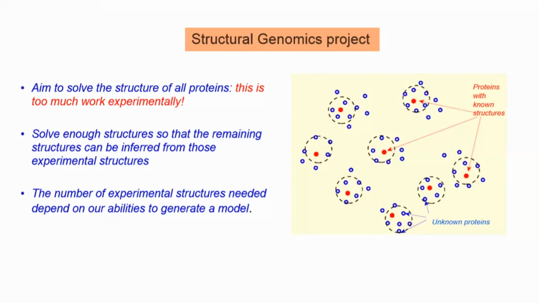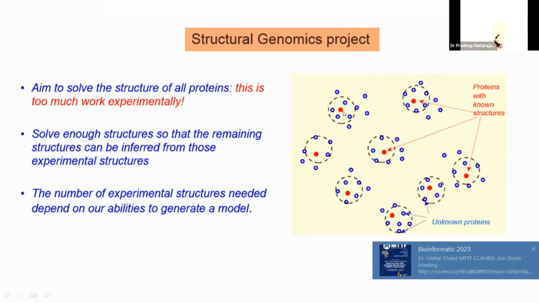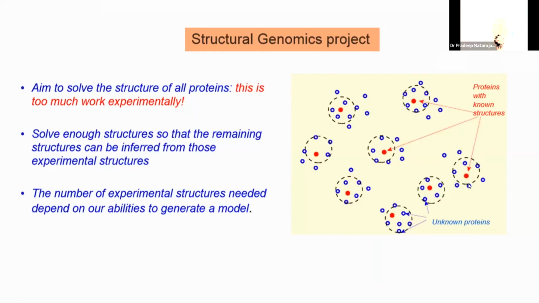That means there are a lot of proteins whose structures remain to be defined. So we are involved in defining more structures, which can be experimentally validated or theoretically validated, right? This shows the number of proteins with known structures and the number with unknown structures.